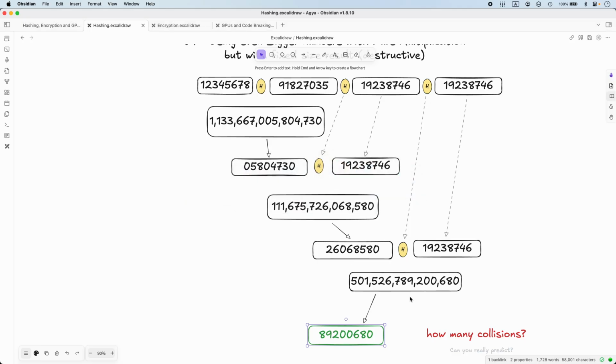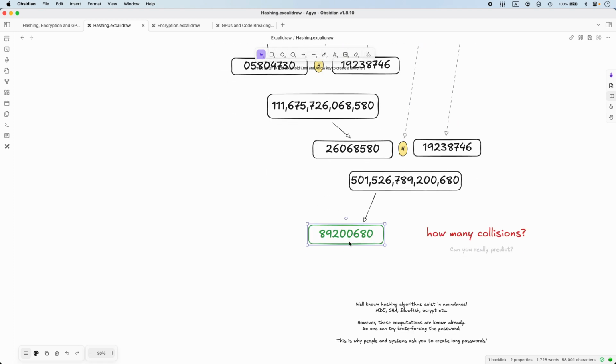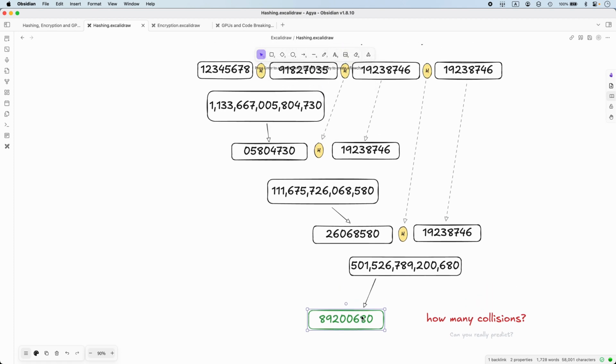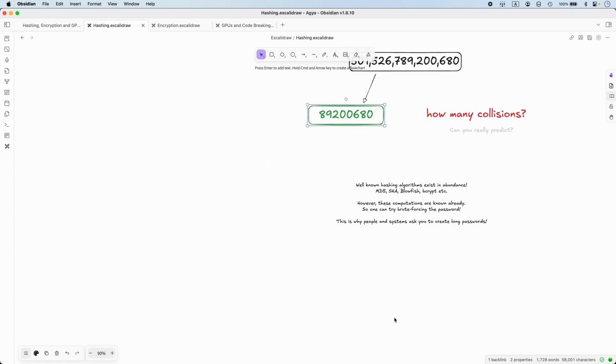Coming back, this is what happens in hashing. We have to avoid collisions, and we have to make the result so that the input remains not traceable. Well-known hashing algorithms exist in abundance: MD5, SHA, I showed you one variant of SHA just now, Blowfish, bcrypt, etc. So these computations are known already, so one can try brute forcing, and we'll talk about brute forcing.